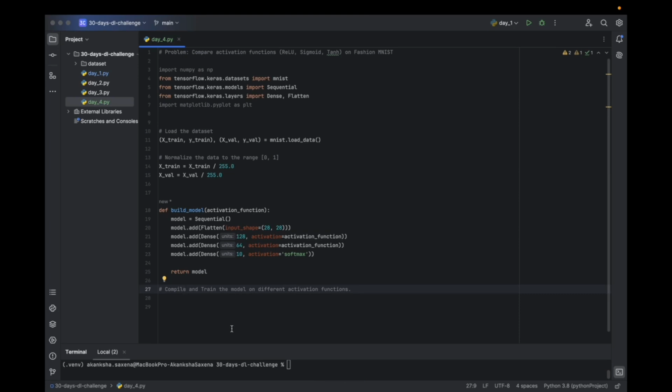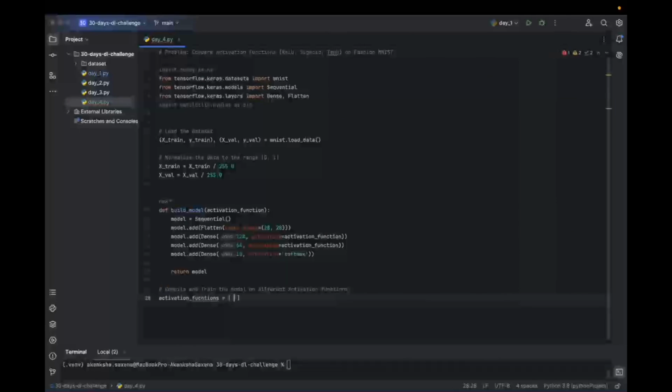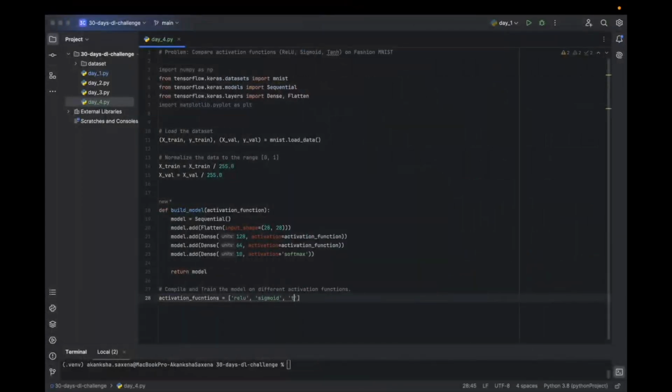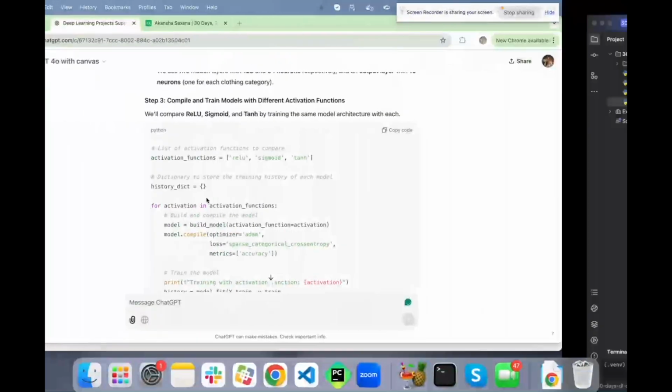Now let's create a list of activation functions, and we are going to have rectified linear unit. Then the next one was sigmoid, and the next was tanh. We already understood how they work and how they are different from each other.